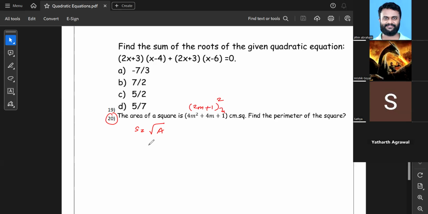So if 2m plus 1 the whole square is the area, then side will be 2m plus 1. Now if you have side as 2m plus 1, the perimeter will be 4 times 2m plus 1, that is 8m plus 4. That will be your answer. You don't have options for this.